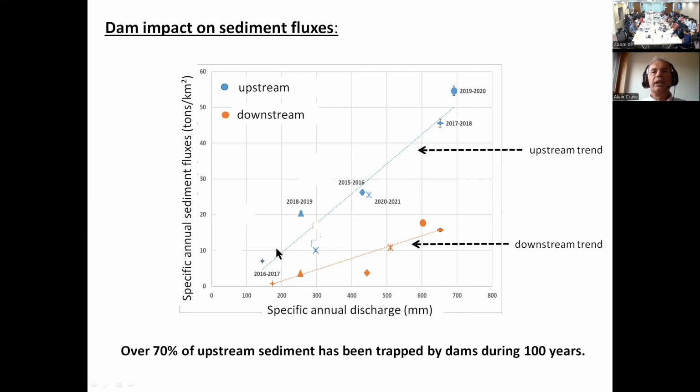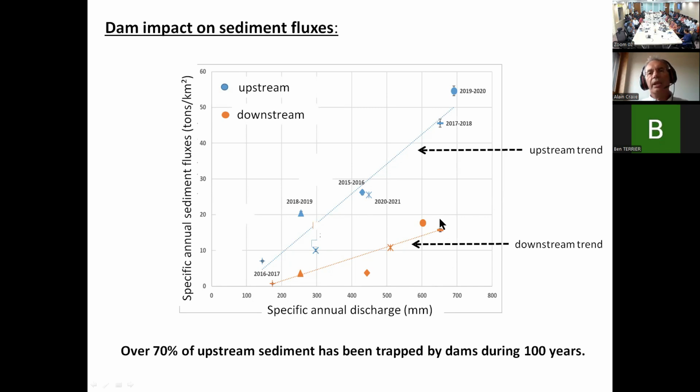Each symbol corresponds to one hydrological year. You can see that upstream, the blue points, we have quite a nice trend that is characteristic of the behavior of the watershed in terms of sediment production. This trend should be our reference trend if we consider that downstream we get back to a natural system.